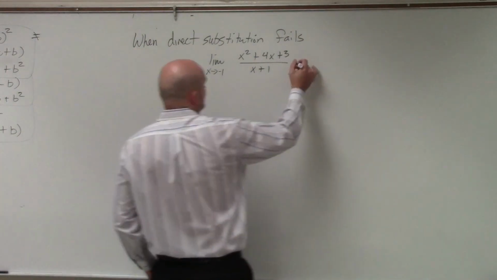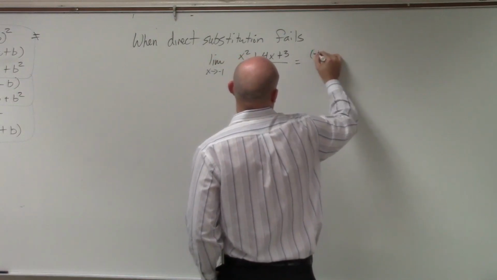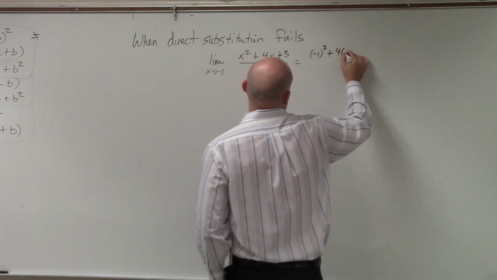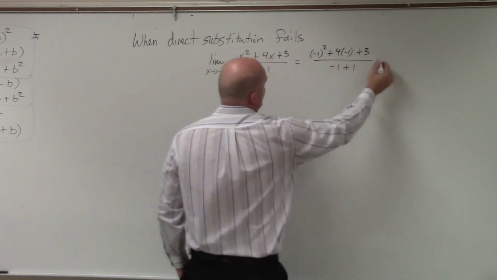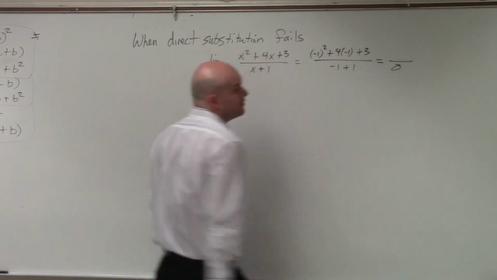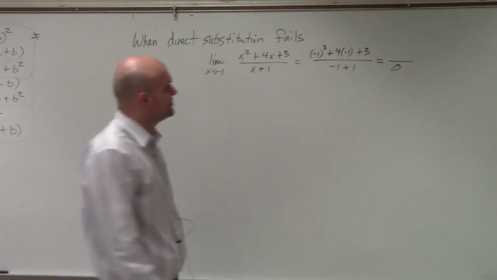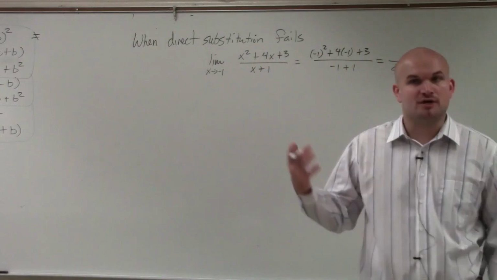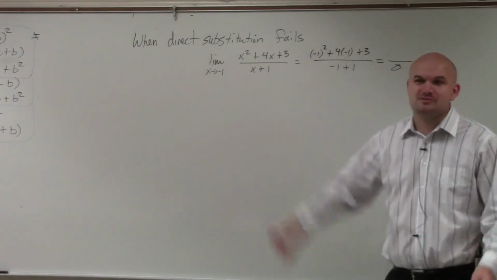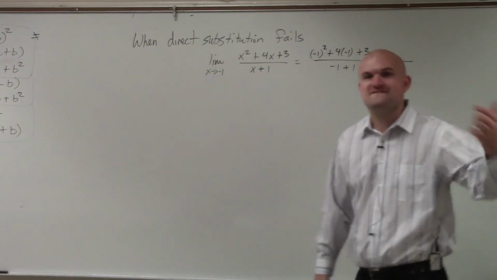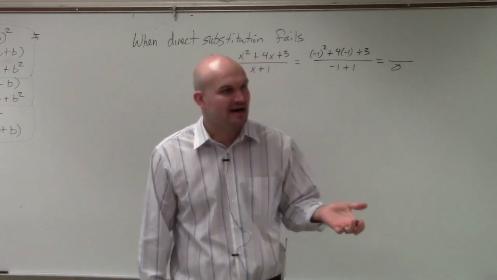So if we go ahead and look for direct substitution here, -1 plus 4 times -1 plus 3, -1 plus 1, we see that we're going to have 0 in the denominator, right? So unfortunately, we can't divide by 0. So therefore, if we just looked at direct substitution, we're going to have indeterminate form. So therefore, direct substitution fails us. We're not going to be able to evaluate the limit when we're dividing by 0.